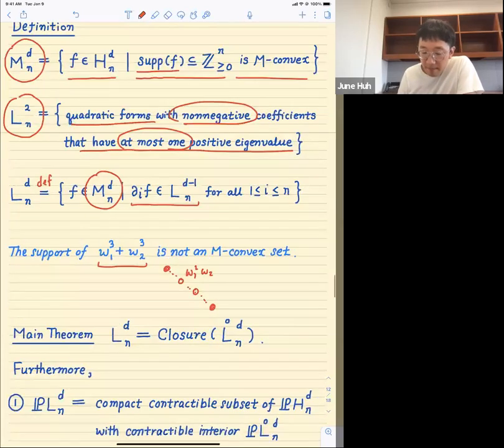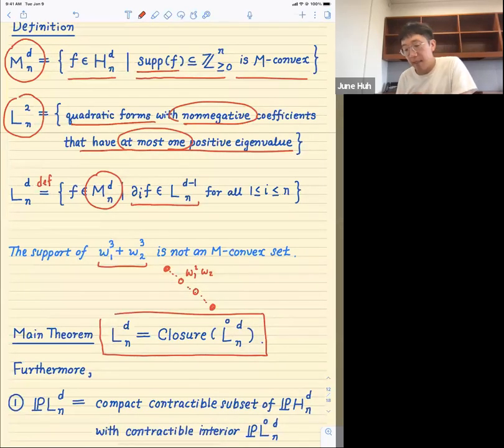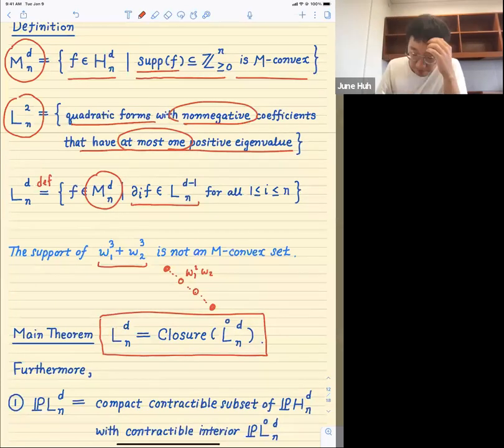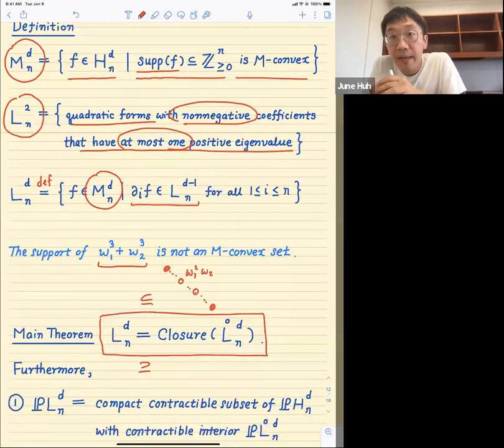And the main theorem from which most of the other things follow is that this L^d_n is the set of Lorentzian polynomials. So there are really 2 inclusions here, this and that. And both are, I think, non-trivial.